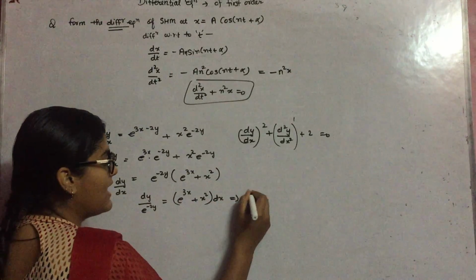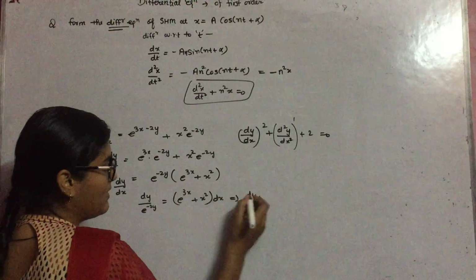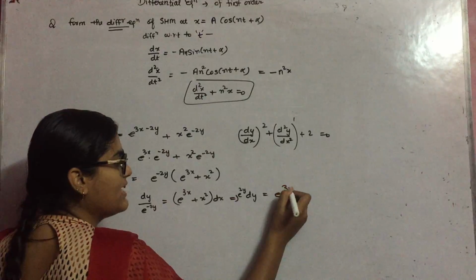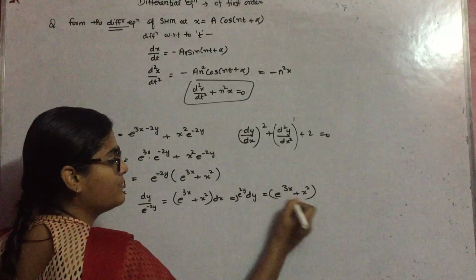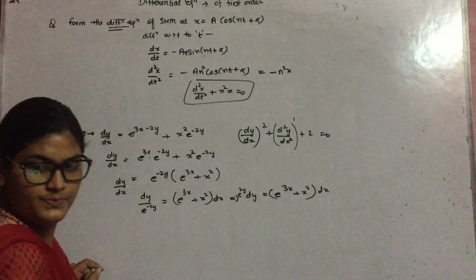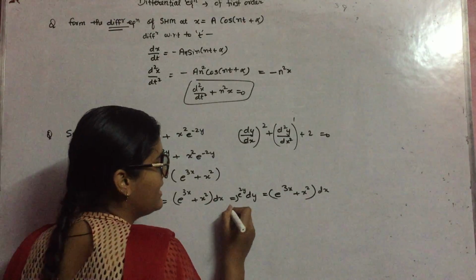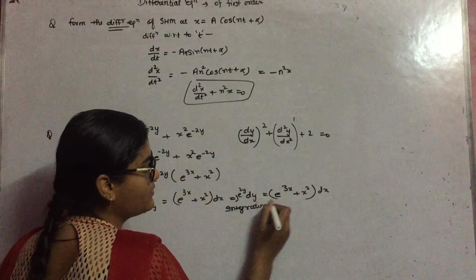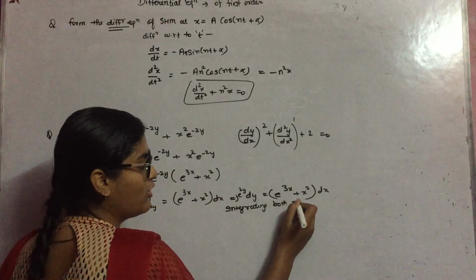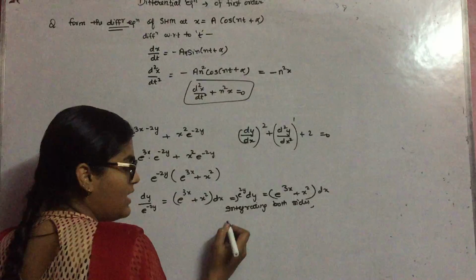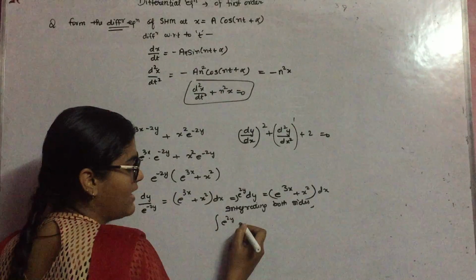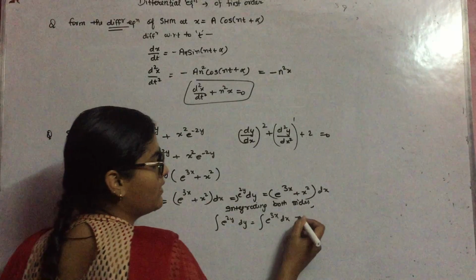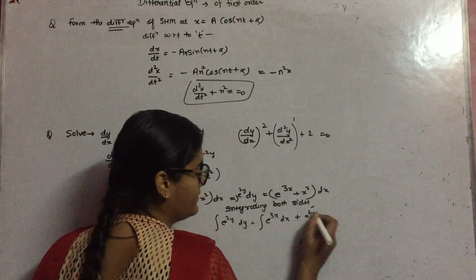This is dy, e raised to power 2y comes up. Now integrate it. Integrating both sides, what will it form? e raised to power 2y dy equals e raised to power 3x dx plus x square dx.